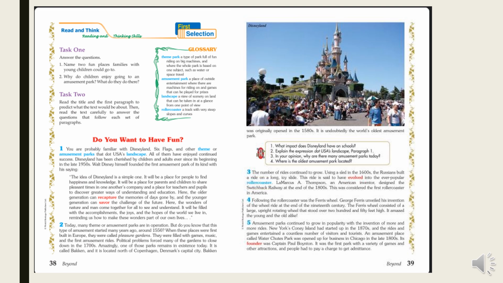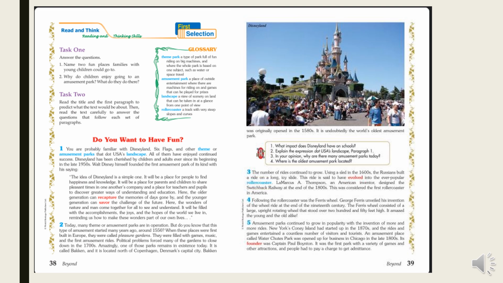The idea of Disneyland is a simple one. It will be a place for people to find happiness and knowledge. It will be a place for parents and children to share pleasant times in one another's company, and a place for teachers and pupils to discover greater ways of understanding and education. Here, the older generation can recapture the memories of days gone by, and the younger generation can savor the challenge of the future.